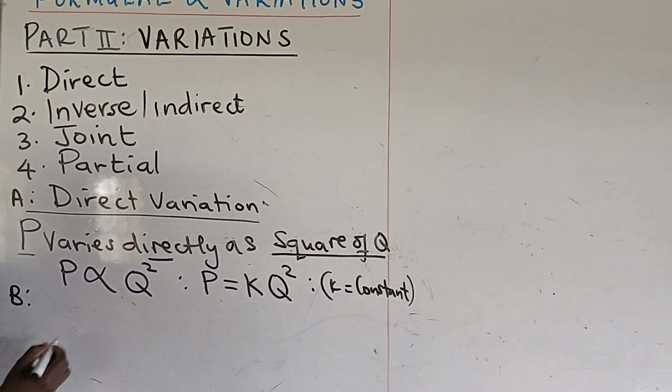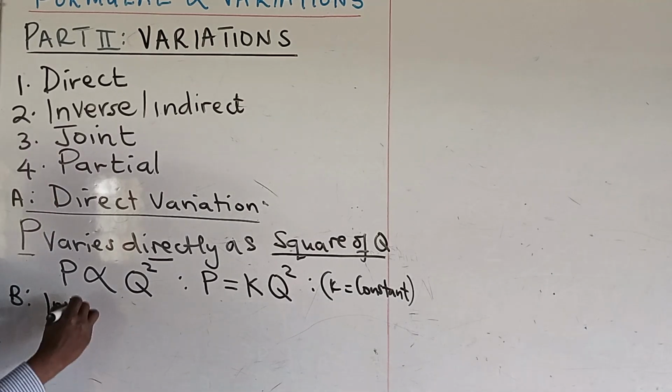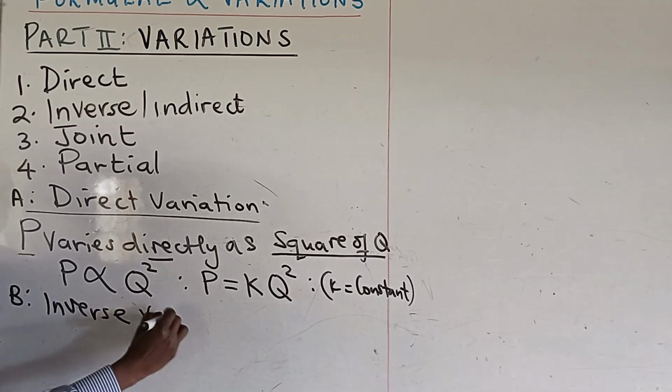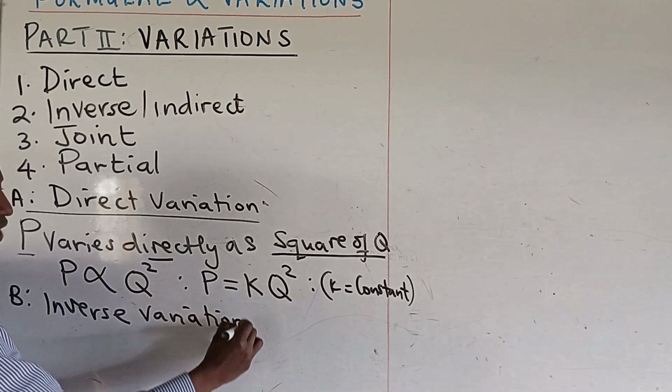In B, we look at inverse variation. How do we relate that one?